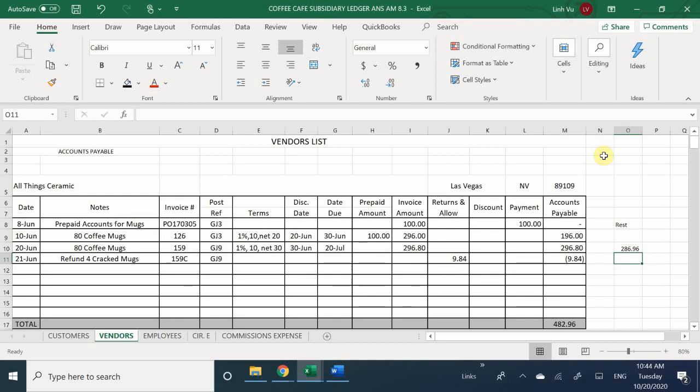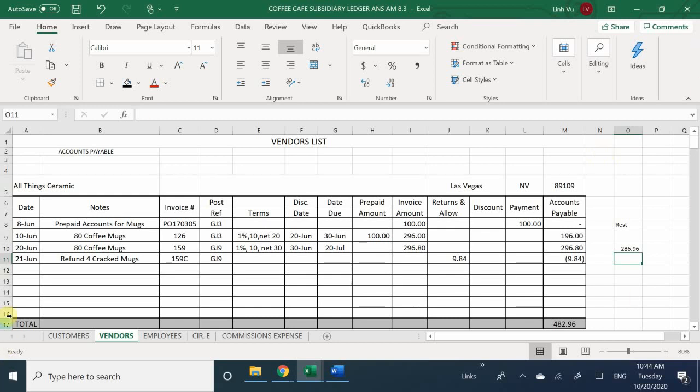I was thinking, when I was calculating, 296 minus 984 would be accounts payable, the difference, that 286. Yes, that's fine. That's why I said you can do that as well.